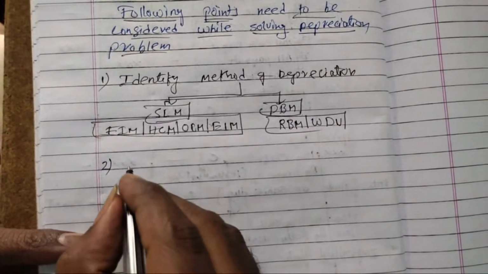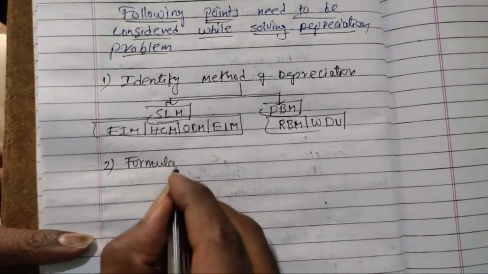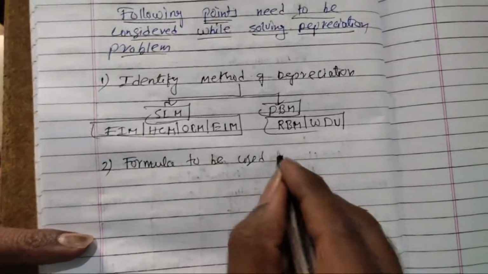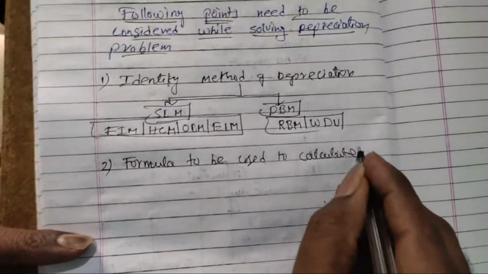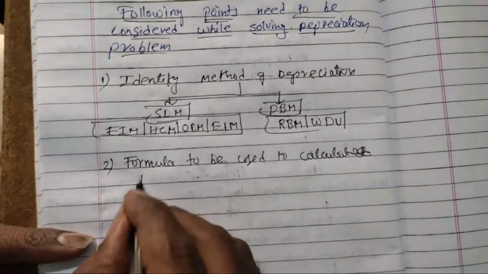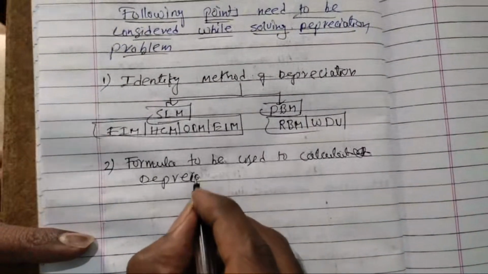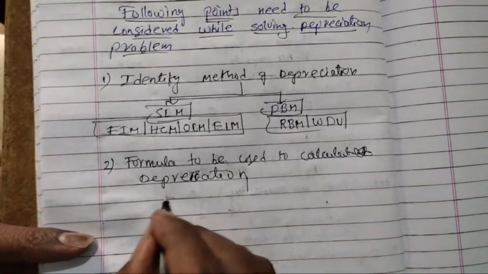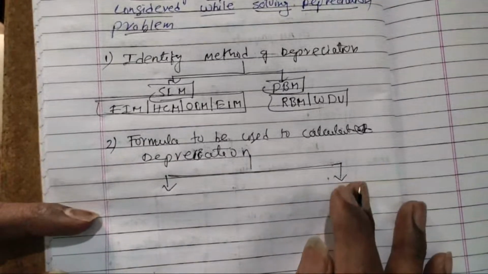Point number 2, formula to be used to calculate depreciation. Okay, which formula we need to use to calculate depreciation? Under straight line method, under WDV method.